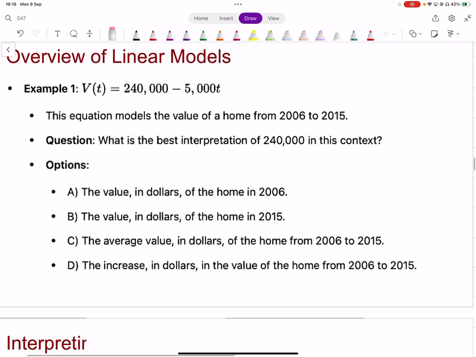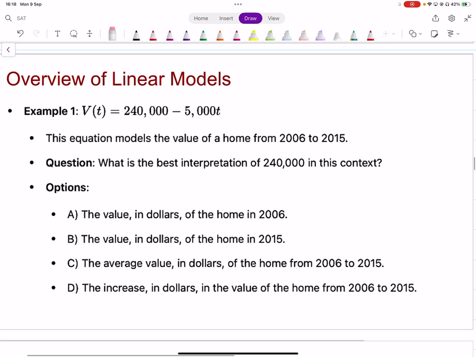Okay, let's do an example. Let's say we have a function like this: v equals 240,000 minus 5,000 t. Now, this equation models the value of a home from 2006 to 2015.